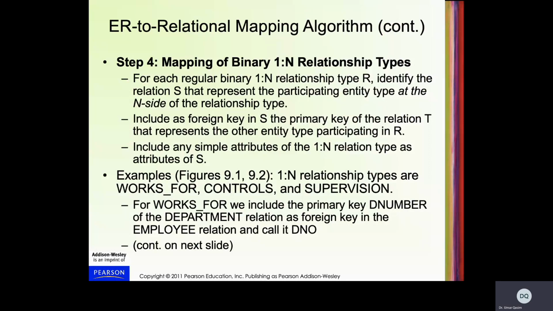So in this case, the one side is the department, so we take the primary key from the department side and then we put it as a foreign key in the employee relation as D number.